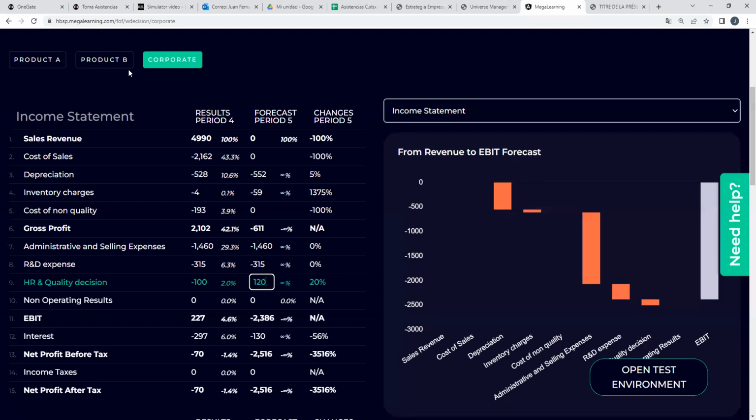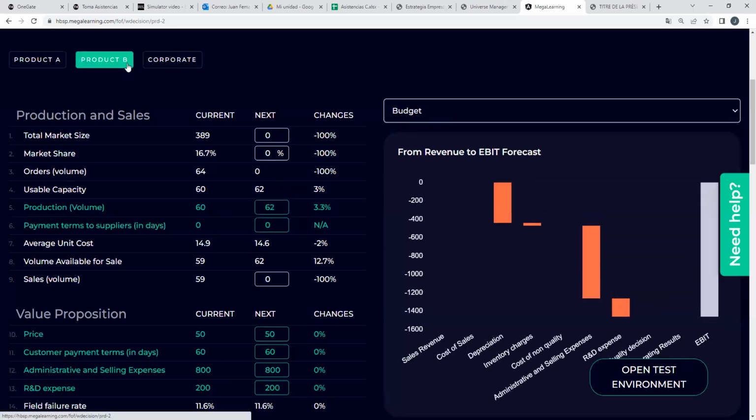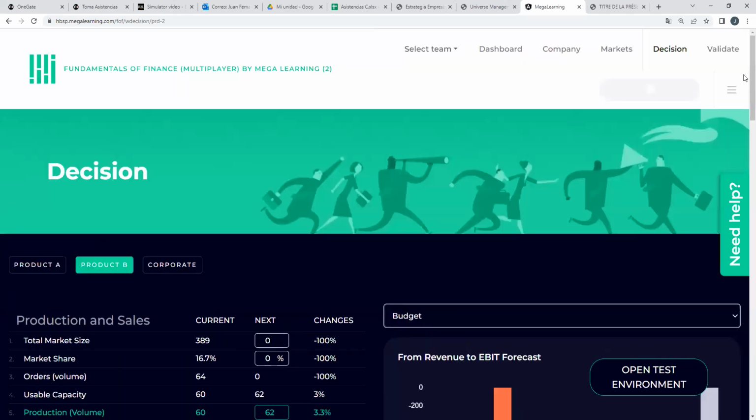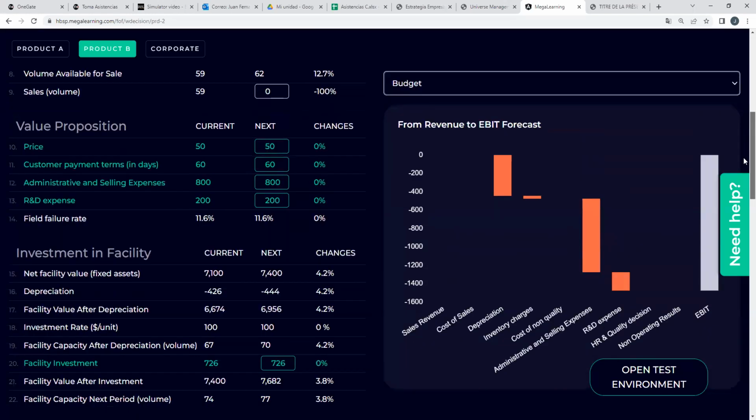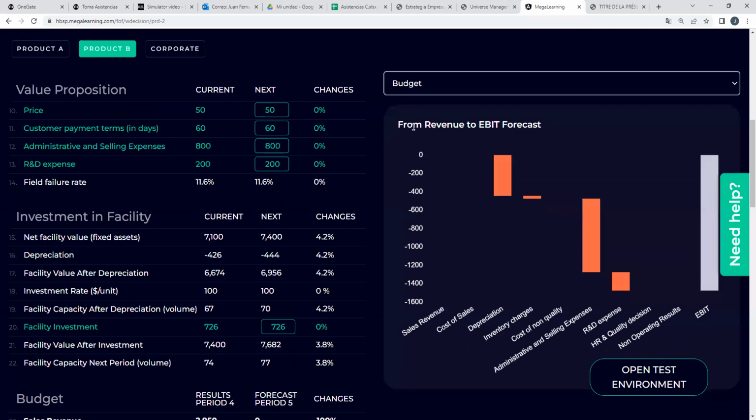Now you guys have decisions about product A or product B. Those are exactly the same decisions. Let's go, for example, to product B. In product B, let's begin here with the value proposition.